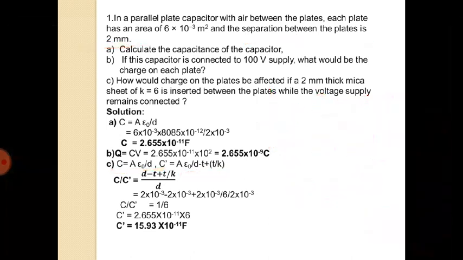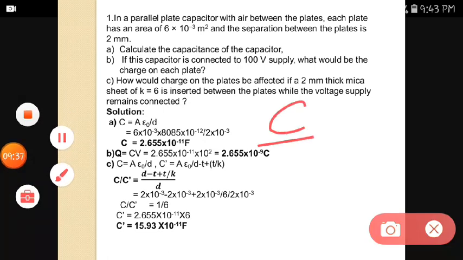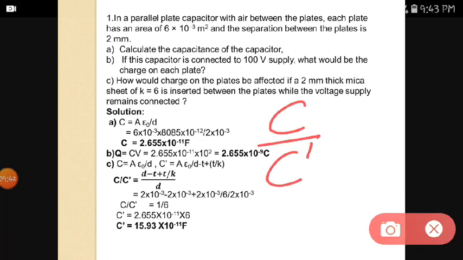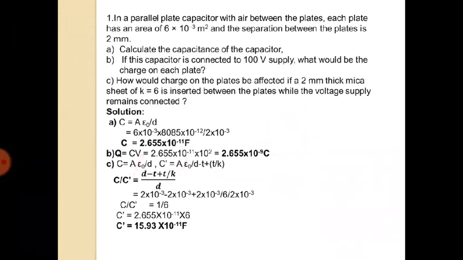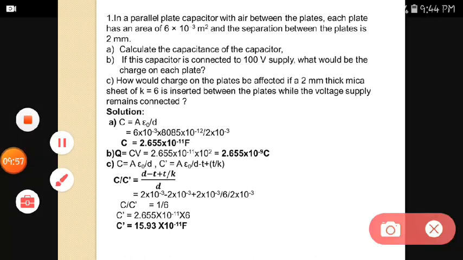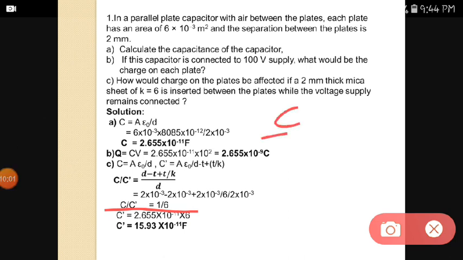So by substituting all the values, as I told you that a comparison is there, we have to take the ratio of both of these. By taking the ratio, A epsilon 0 and A epsilon 0 get cancelled. The only term which remains is D minus T plus T by K divided by D. By substituting all the values, you get C by C dash equal to 1 by 6.